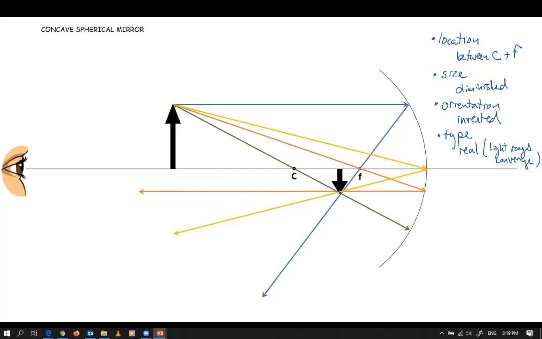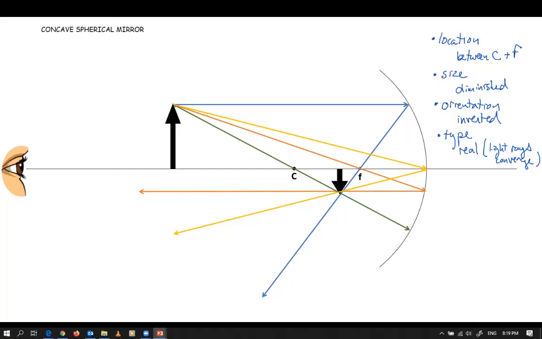It's still going to be real. But this time, instead of being diminished, it's actually going to be the same size. If you then put your object in between C and F, you're going to see that the image that you produce is going to be past C.